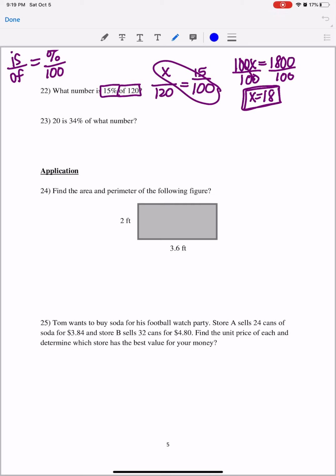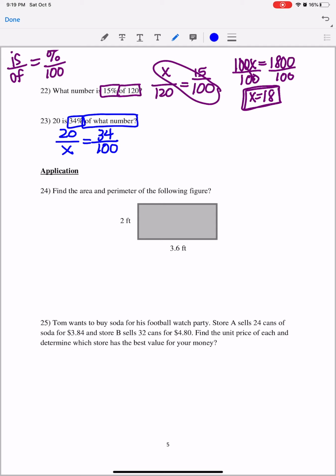Okay, 23. 20 is 34% of what number? So I know my 34%. So we've got 34 over 100. I don't know my of. It's of what number? So that means my x is down here, and so that 20 is my is.